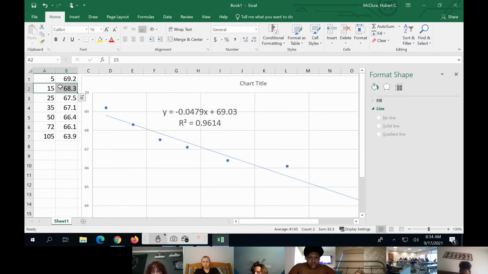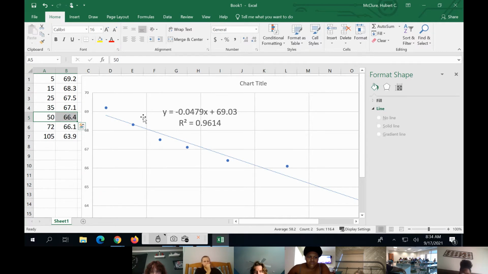We're not going to do the decimals, I'm sorry. Write down 15 and 68, and the fifth point is 50 and 66. Write those two down: 15 and 68 and 50 and 66. Everybody got that? Because I'm going to ask you that in just a second because I'm going to write it on the whiteboard.